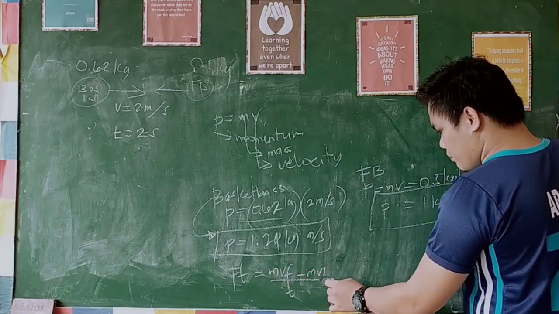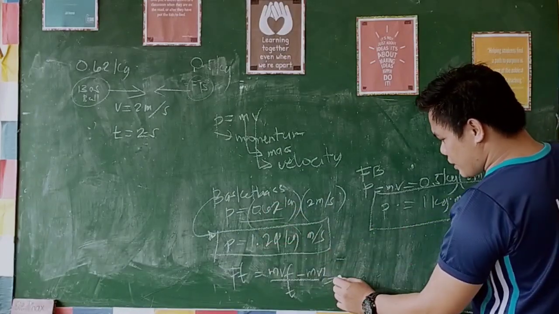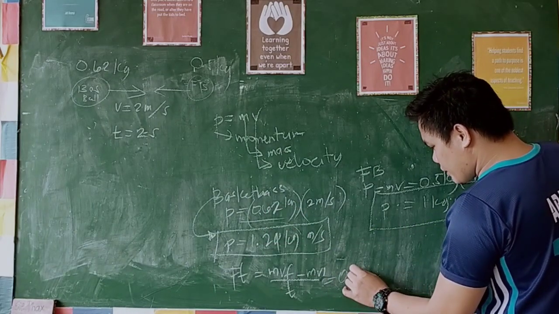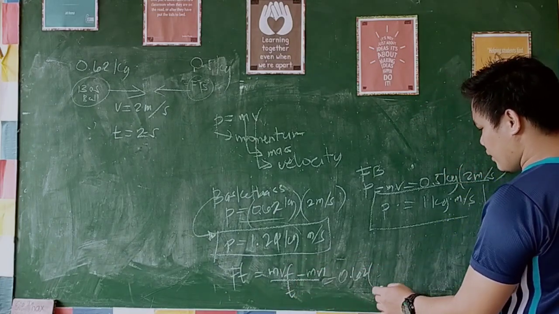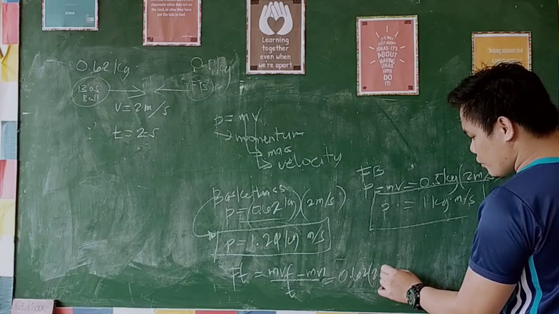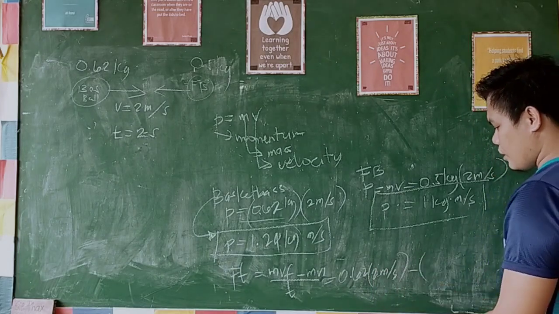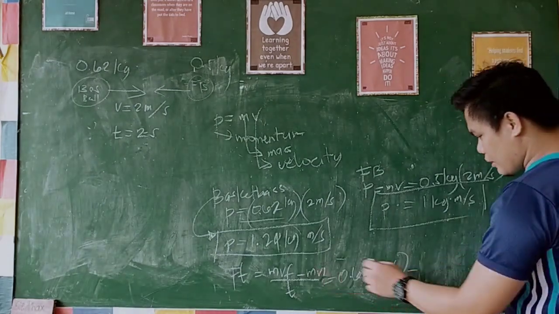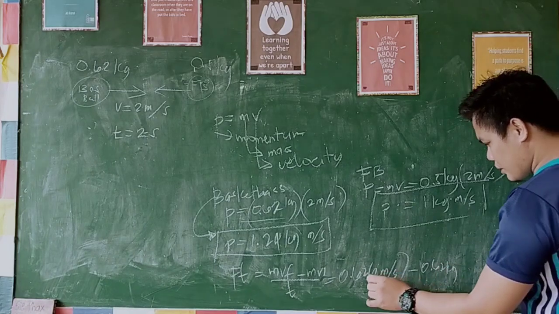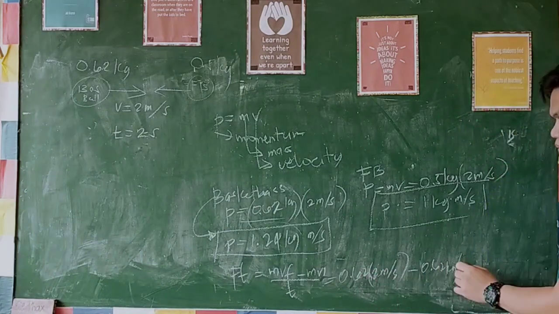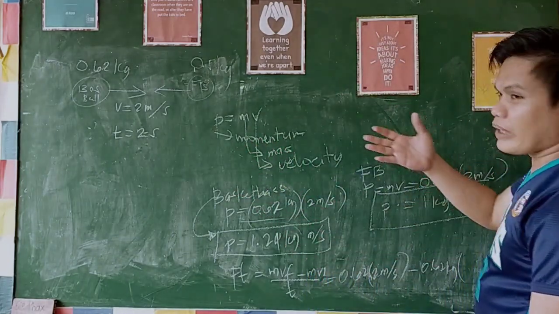So, by substitution, the mass of the basketball is 0.62 times the final velocity, 2 meters per second, minus yung mass ng ball ulit, 0.62 kilograms times, we assume that the ball started from rest.